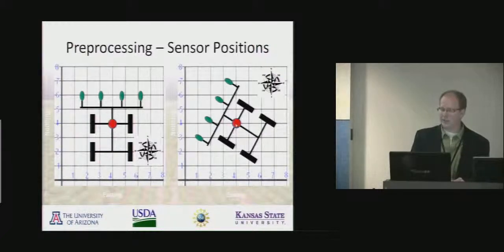But what we are really after is the positions of the sensors. And so we have to calculate that using the known geometry of the vehicle. This would be the example of where I have you put in easting and northing in that program.